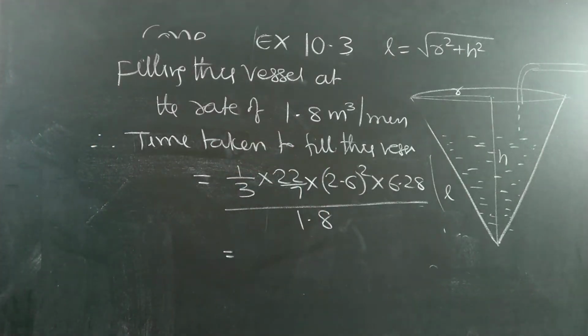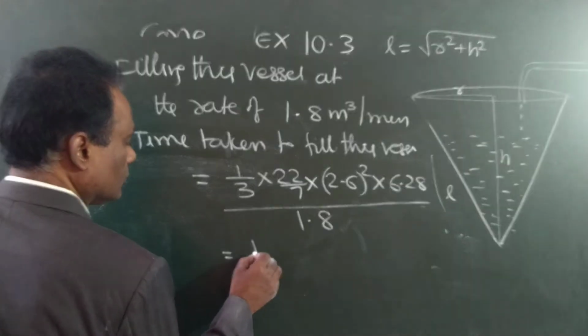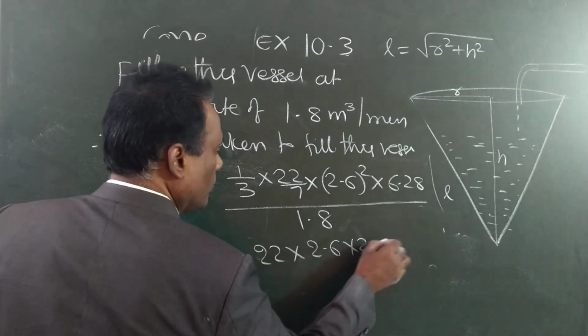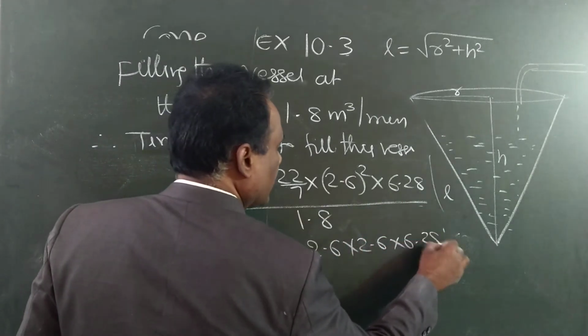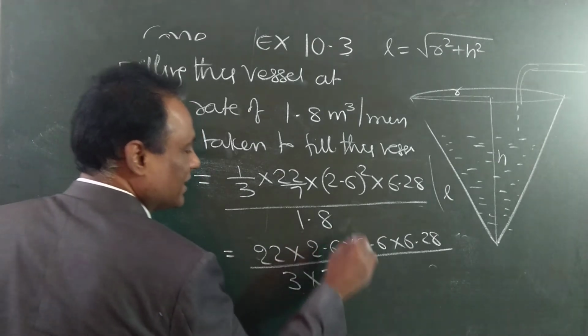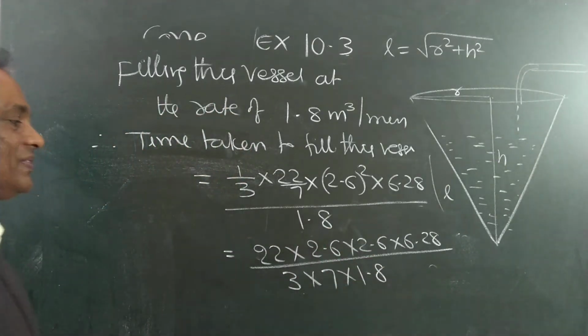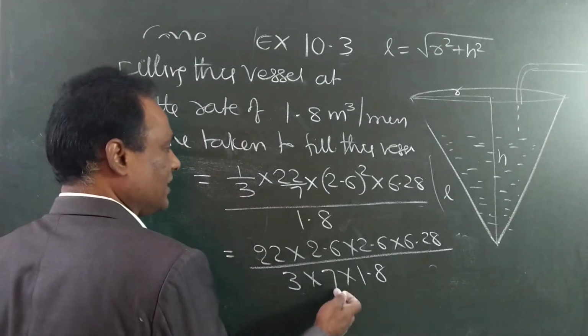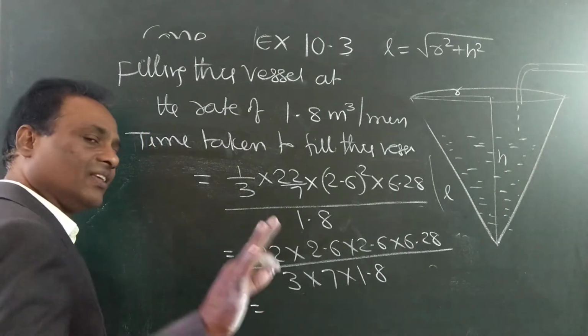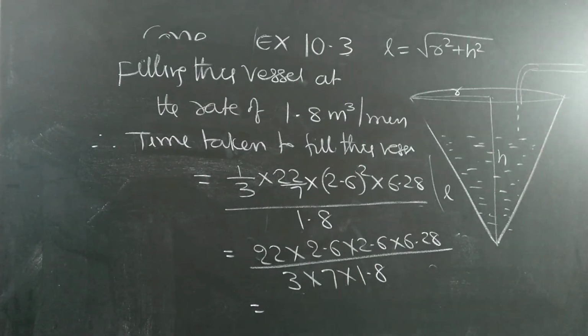In the numerator 22 into 2.6 into 2.6 into 6.28; pi by 3 will be in the denominator, 7 will be in the denominator, 1.8 is in the denominator. Square means 2 times. If you simplify, that is our time, the approximate time we will get.